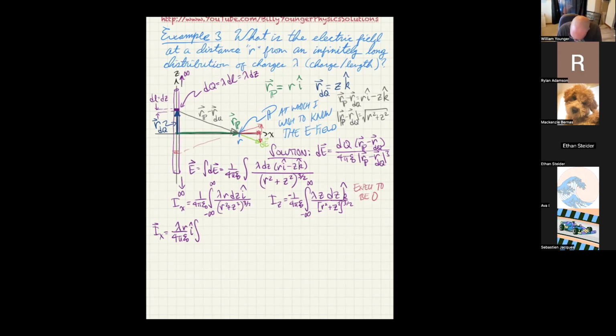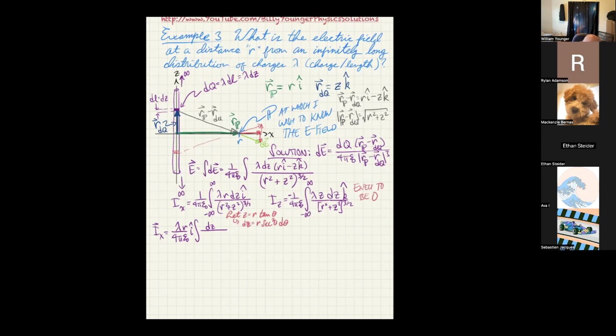So what I have here is dz. I'm going to make a substitution. Let z equal r tangent theta, which means that dz is equal to r secant squared theta d theta.